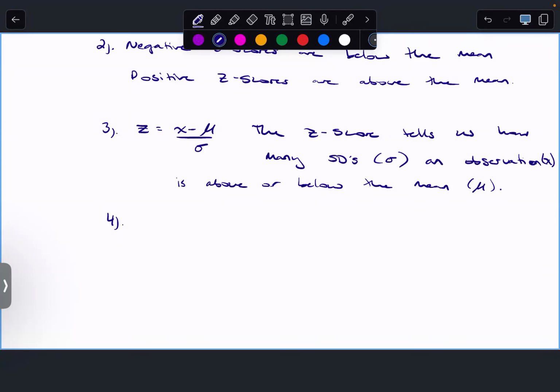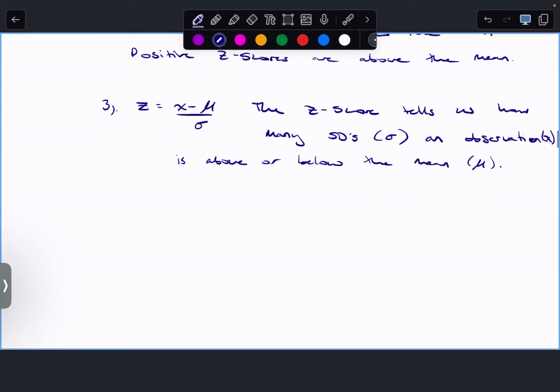How about a fourth fact? We can fit 3 standard deviations, and this is for any, and maybe what I should do is, moving on to normal distribution facts. Not just Z, although Z is and follows a normal distribution, so it does apply to Z as well.